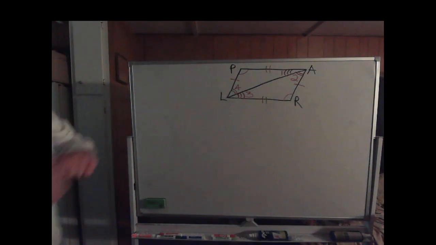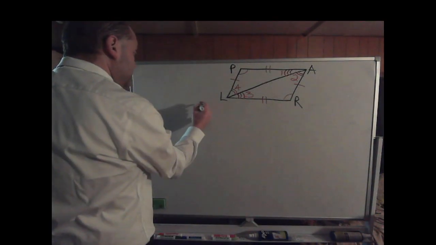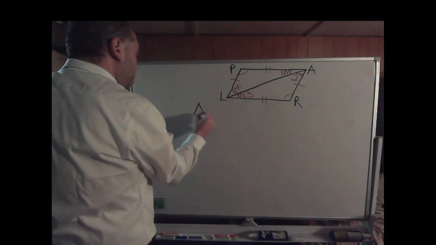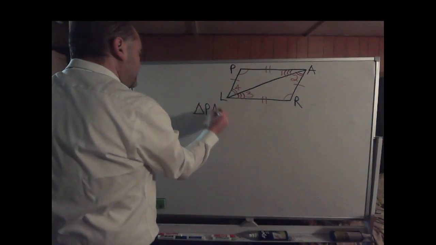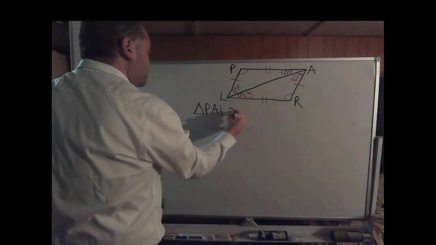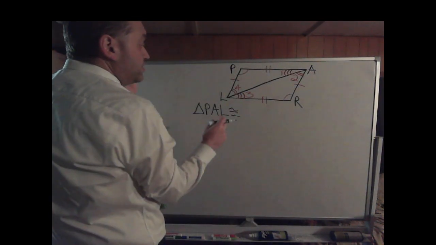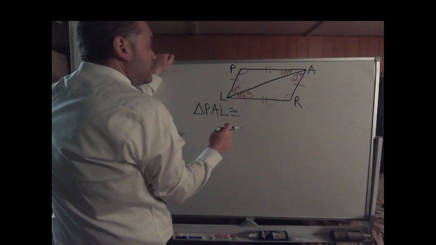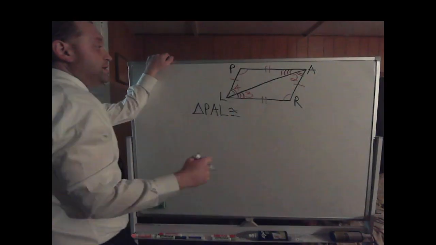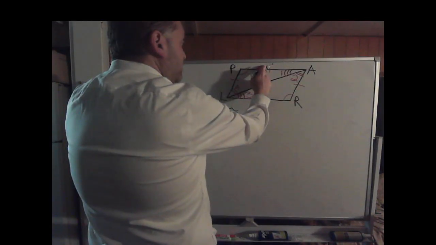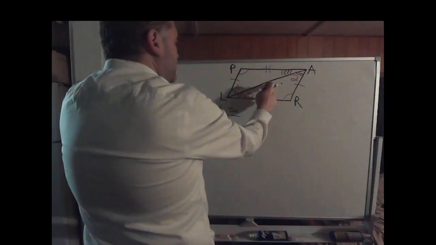In this one, they say this time is triangle PAL is congruent to what triangle? So go in the order of your congruency markers. Let's go with the sides. It might be easier. You have 2 congruency markers, none, and then 1.